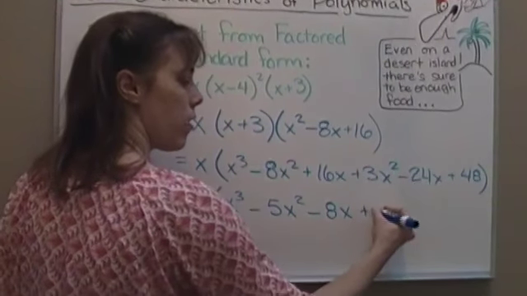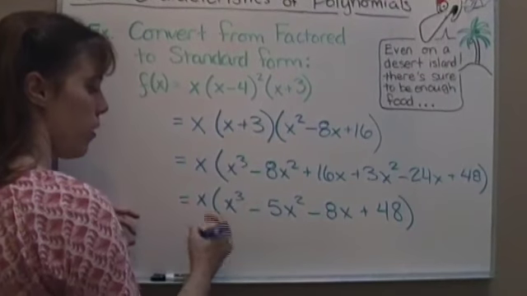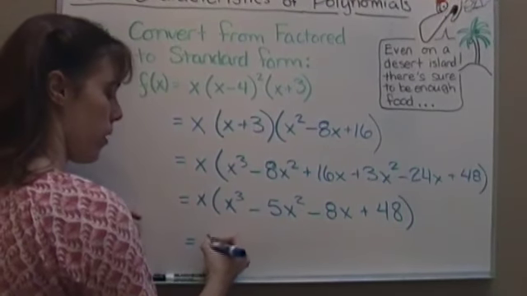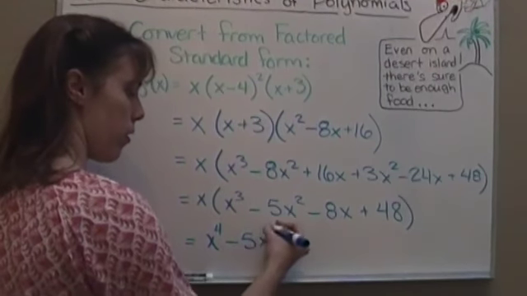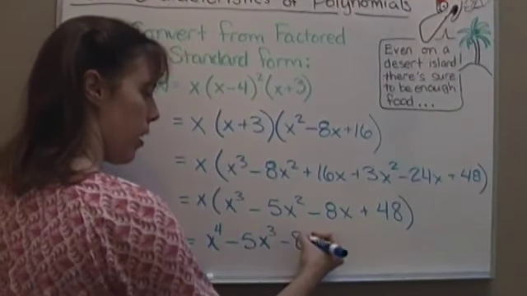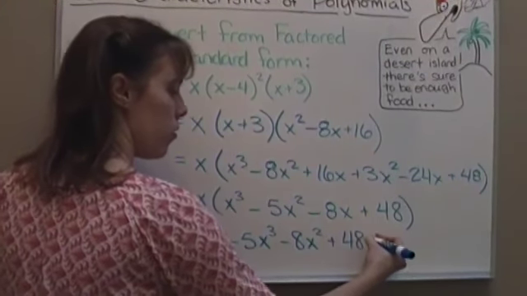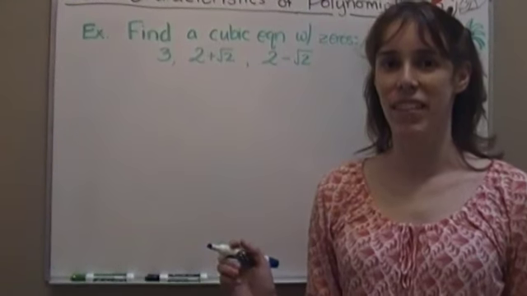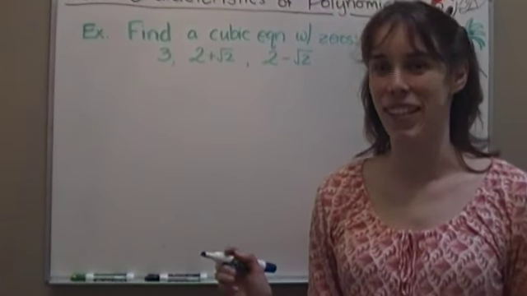Constant, and then last, distribute this x through. X to the 4th, 5x to the 3rd, minus 8x squared, plus 48x. Alright, my sultan has woken up, so I need to speed this along.